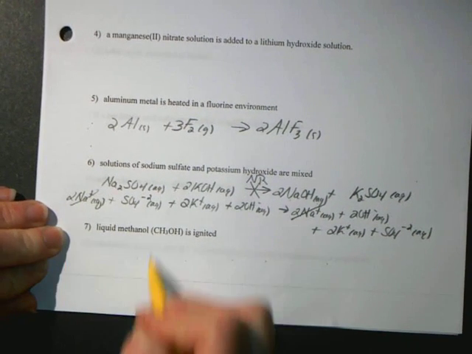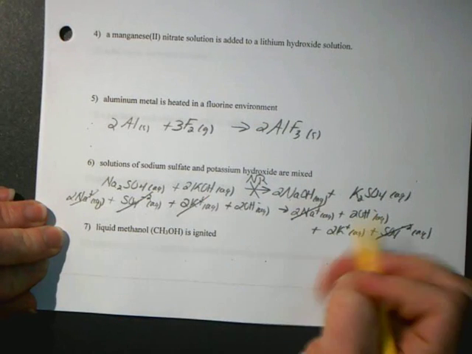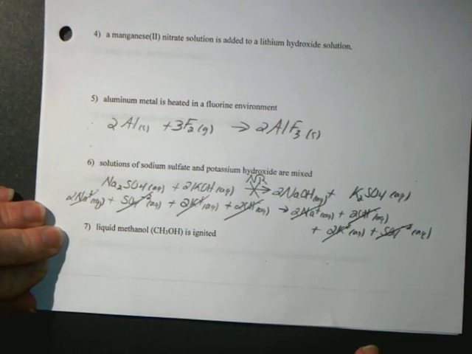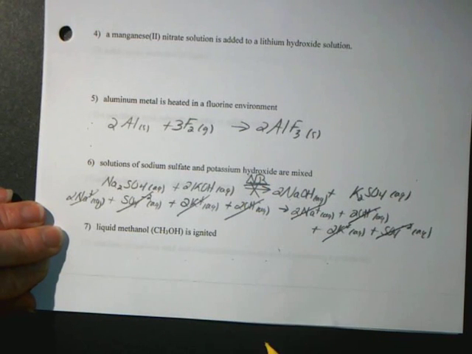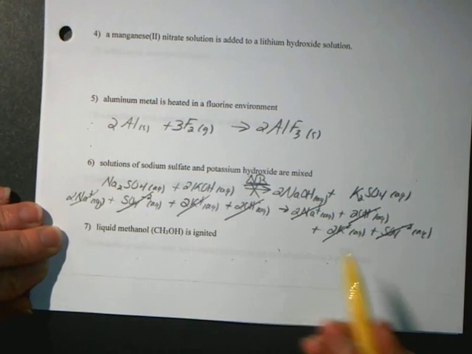Sodium, spectator. Sulfate, spectator. Potassium, spectator. Hydroxide. There's no driving force here. No reaction. There's no ionic or net ionic. So this is just forming a mixture.